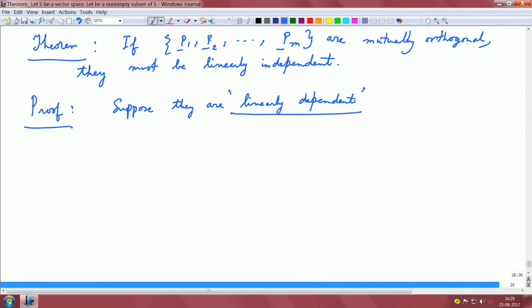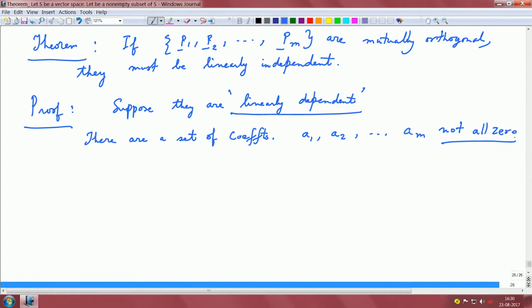If they are linearly dependent, there is a set of coefficients a1, a2, so on till am, not all 0. This is very important. If all of them are 0, then of course there is an issue here, because it becomes linearly independent.